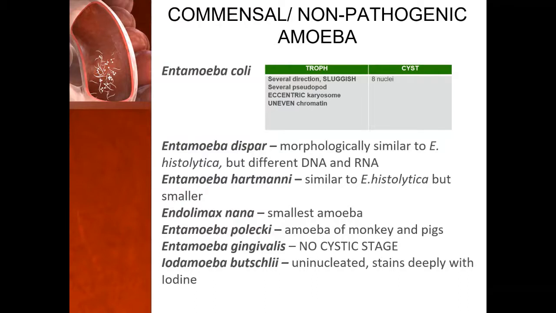Entamoeba polecki is the amoeba of monkeys and pigs. Entamoeba gingivalis has no cystic stage and is in your oral cavity. And Iodamoeba bütschlii is uninucleated and stains deeply with iodine, from its name itself. Iodamoeba, so it stains with iodine.